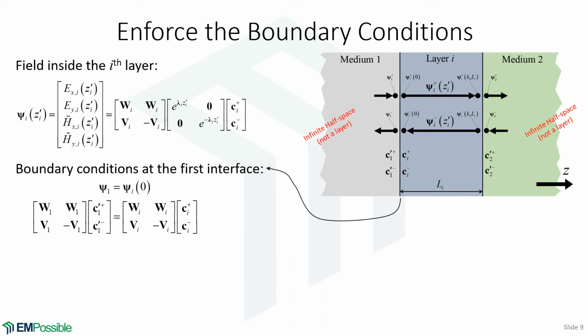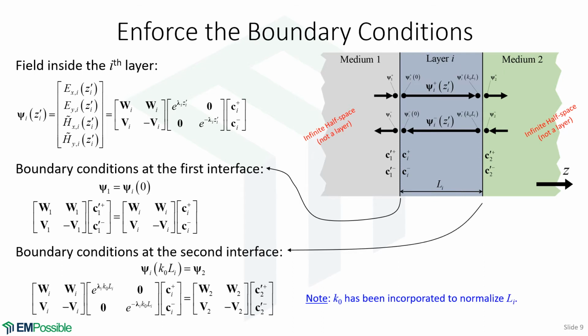Let's look at the second interface. So we are setting the psi's equal that are inside layer i, right at the second interface, that's at local z coordinate k0 times L sub i, to the fields in medium 2 immediately at the interface, that's psi sub 2.